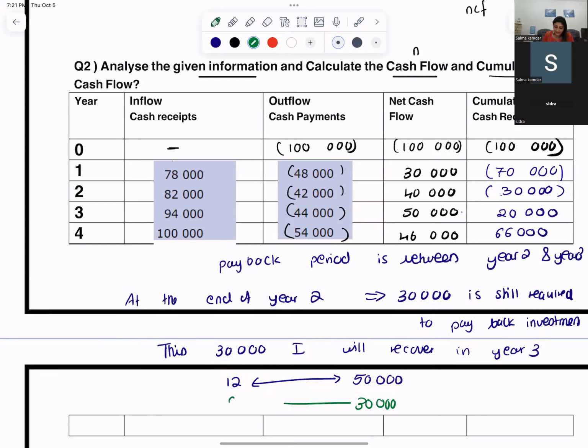So 30,000 would be recovered in how many months?